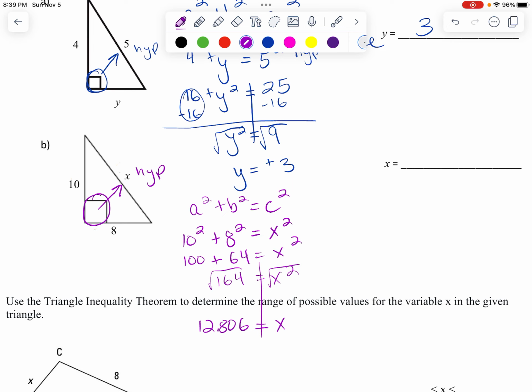We can go ahead and round to the nearest tenth. And that would be about 12.8 units.